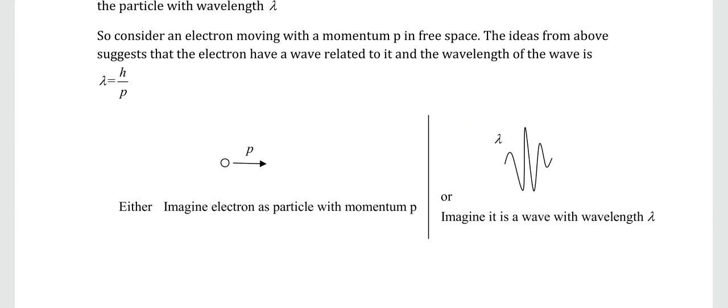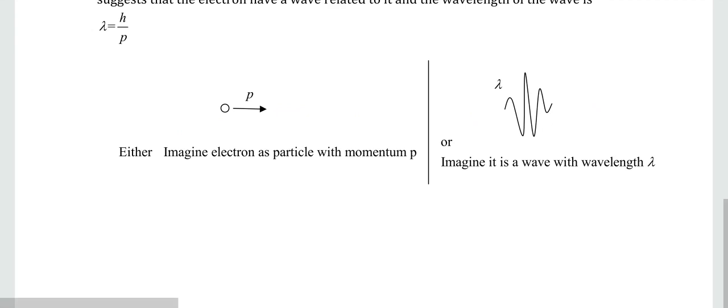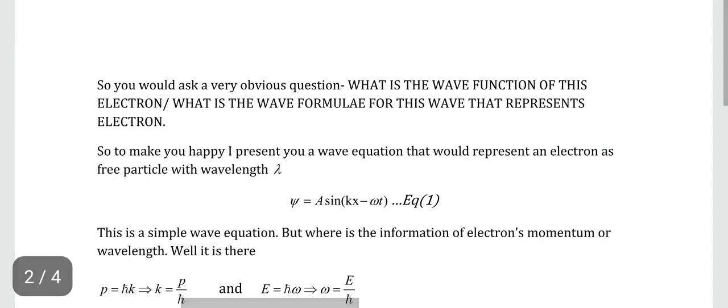Now the question is a very simple one that anybody would ask. If the electron is a wave, and the wave has a particular wavelength lambda, then can we write a wave equation for the electron?